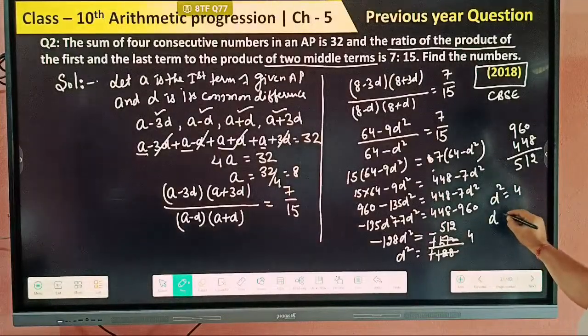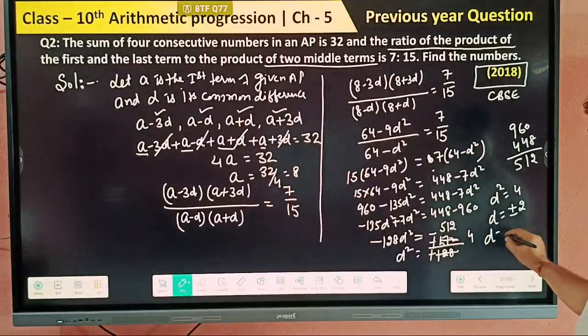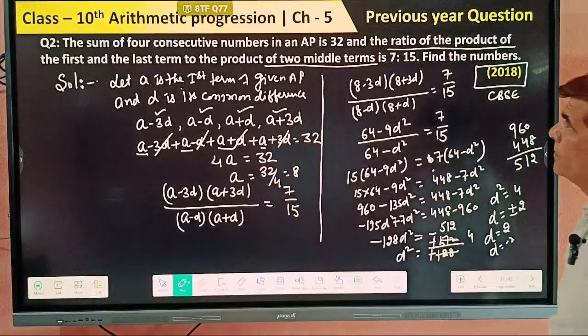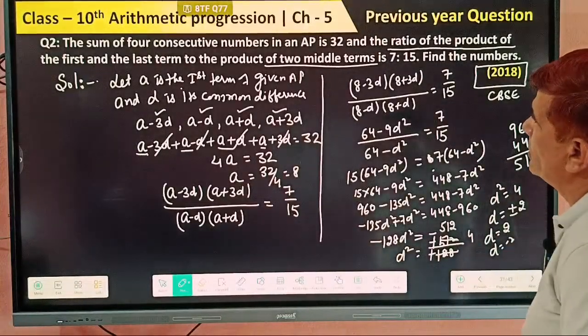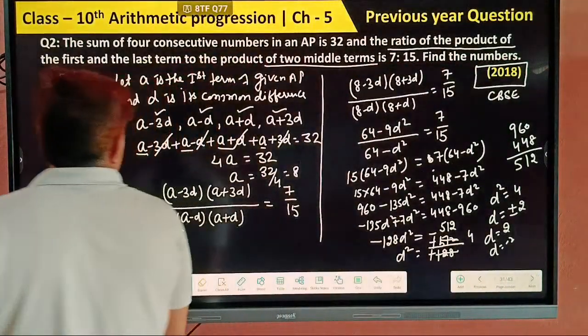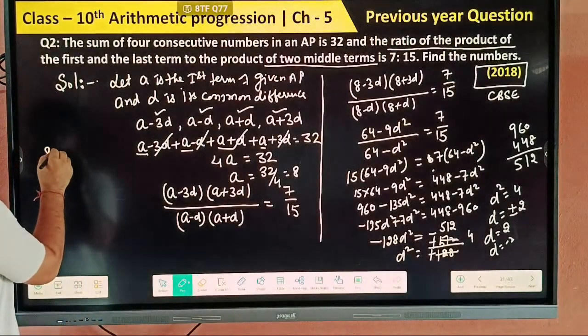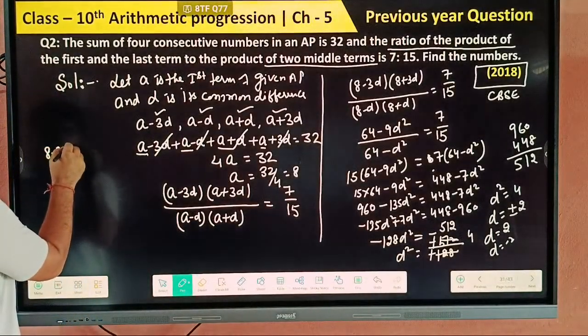So what's your d? d equals plus minus 2. So either d equals 2 or d equals minus 2. But the sum is how much? The sum is 32, so we can apply. What's your first term? 8 minus 3d. We can take d as 2.